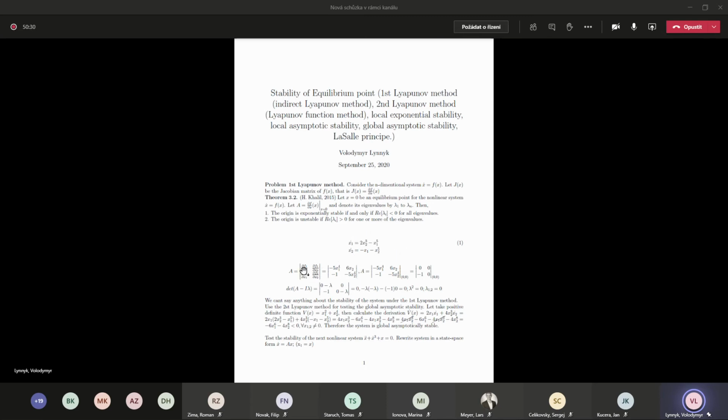Take the partial derivative of f1 with respect to x1, which is minus 5 x1 to the 4. Then do the same for x2, which is 6 x2 squared.